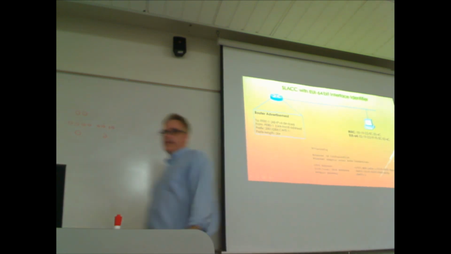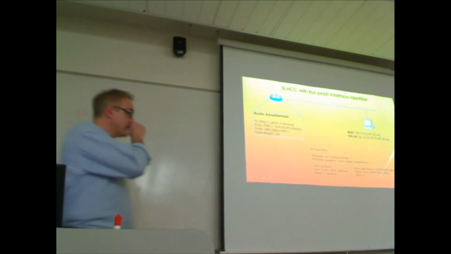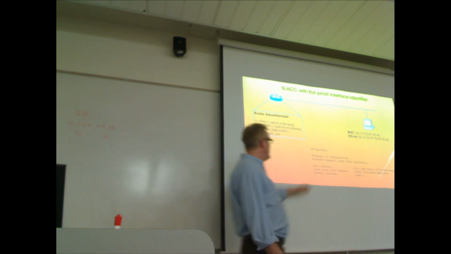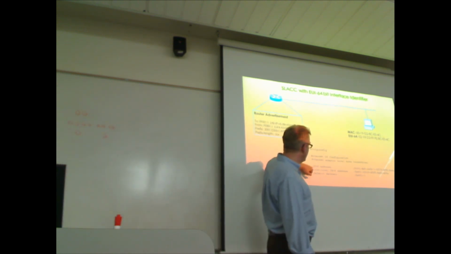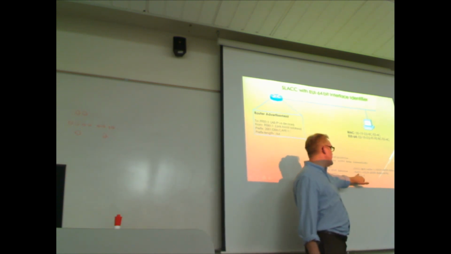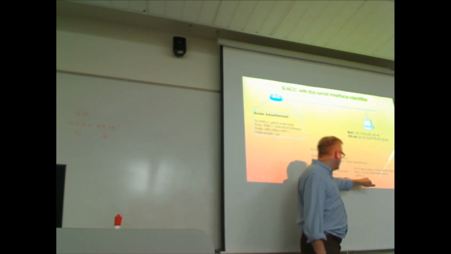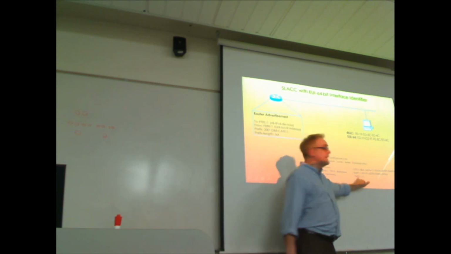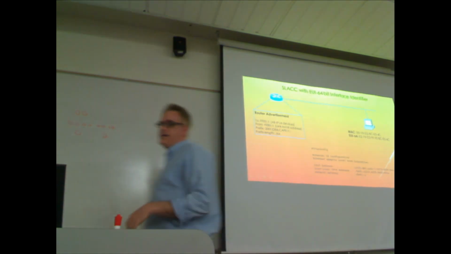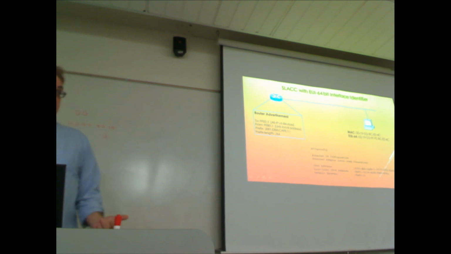Very quick and easy way to determine that. So I have my IP version 6 globally routable address, I have a link local address, which is usually defined by FE80, and then I have my default gateway.